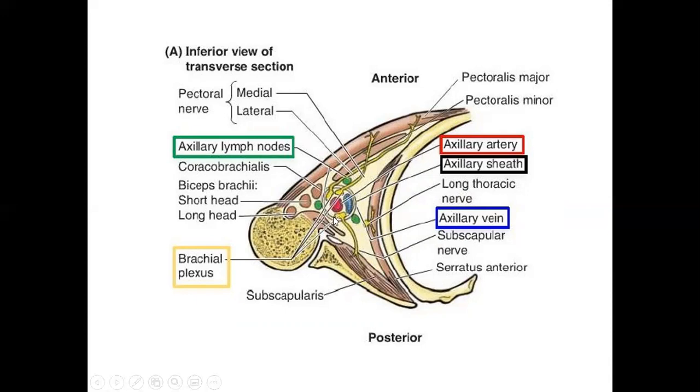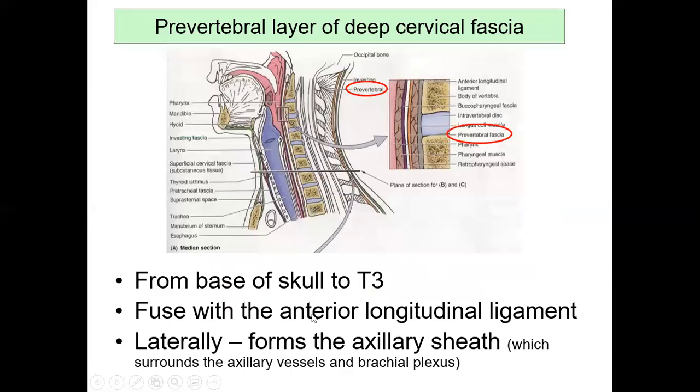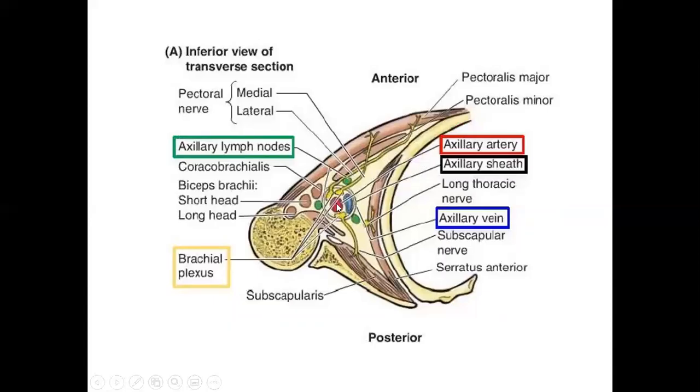This is the axillary sheath. Just now I mentioned that this axillary sheath is formed by the prevertebral layer of the deep cervical fascia, and it encircles or encloses the axillary artery and also the brachial plexus.